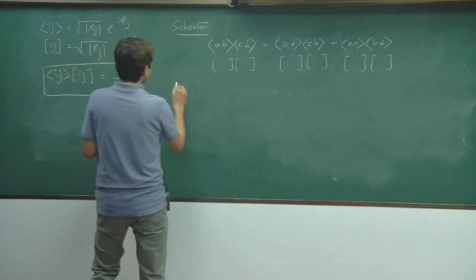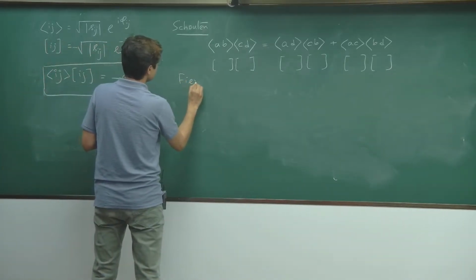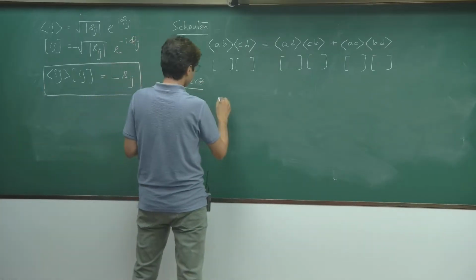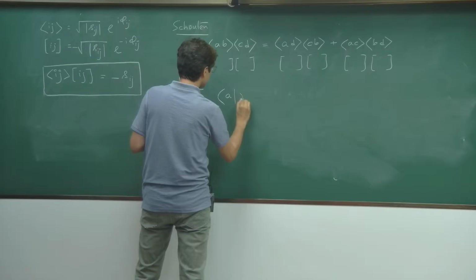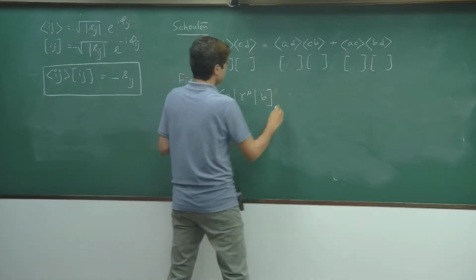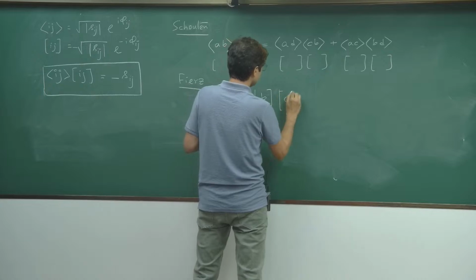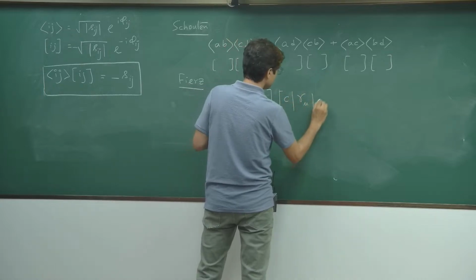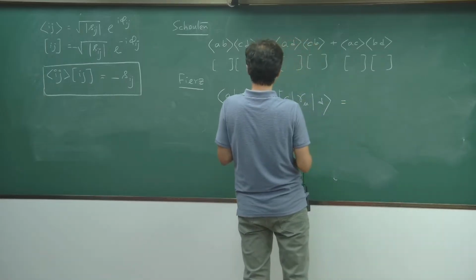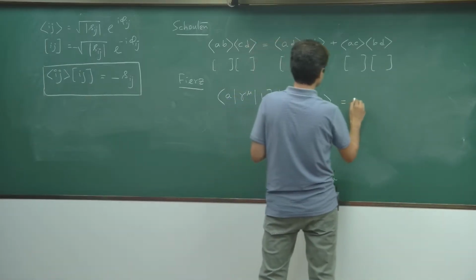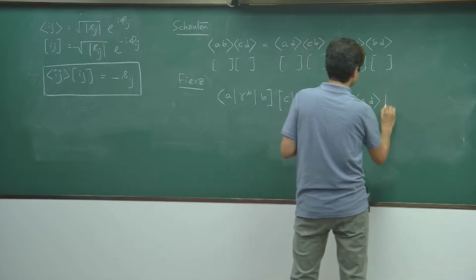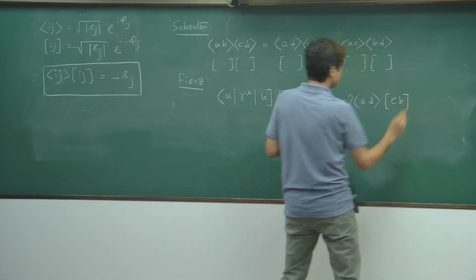And one more thing which is very useful is the Fierz identity. Fierz tells you that if you have some multiplication like A gamma mu B and C gamma mu D, then it is basically 2 AD CB.